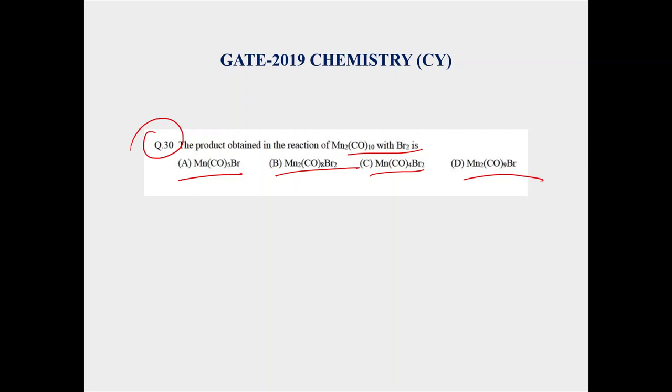So this question is actually a very simple question from organometallics. What concept do we have to use here? The 18 electron rule. We know that complexes having 18 electrons are stable. The reaction is between Mn2(CO)10 and Br2, and what will be the product? Mn is group 7, so 7 to 14.